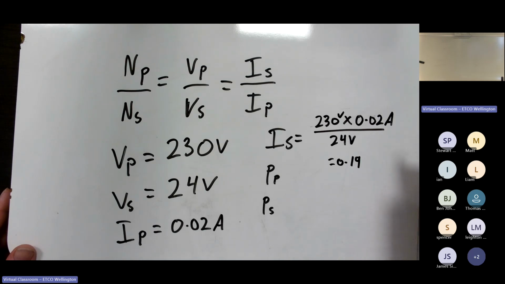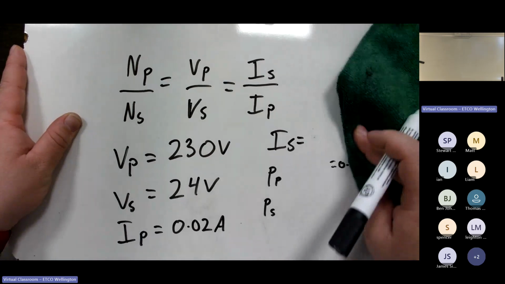Technically, that's where it should be if we're doing 2 decimal places. If you were doing 3 decimal places, it ends up as 0.1916, so you would round it to 0.192. But yeah, 2 decimal places, 0.19 amps.